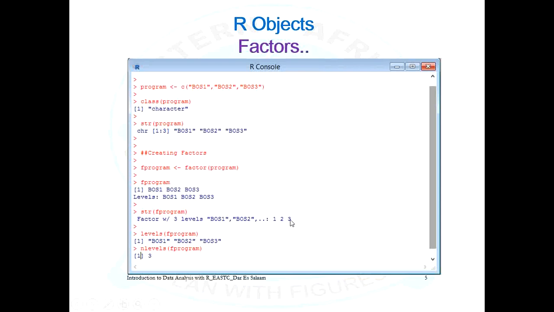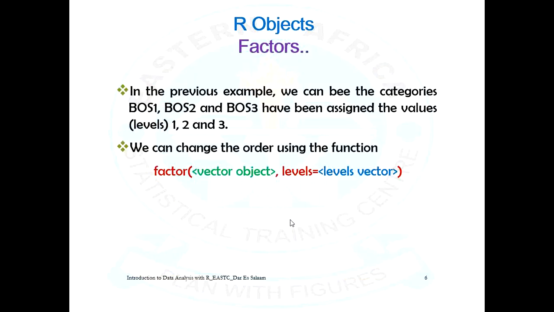Now, if you wish to change the levels, for instance, if both 1 was assigned the value 1 and you need to interchange so that both 1 has the value 3, both 2 number 1, both 3 number 2, then you can simply specify the levels right here.